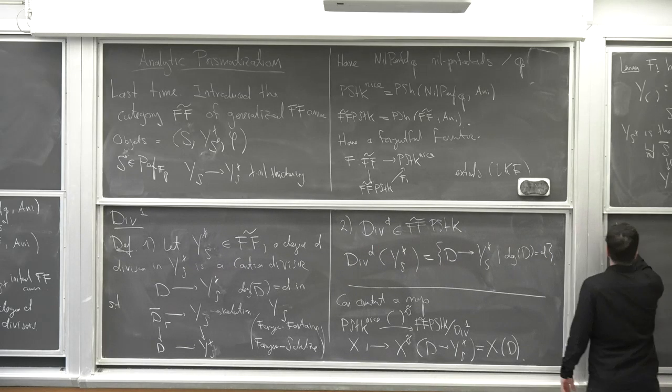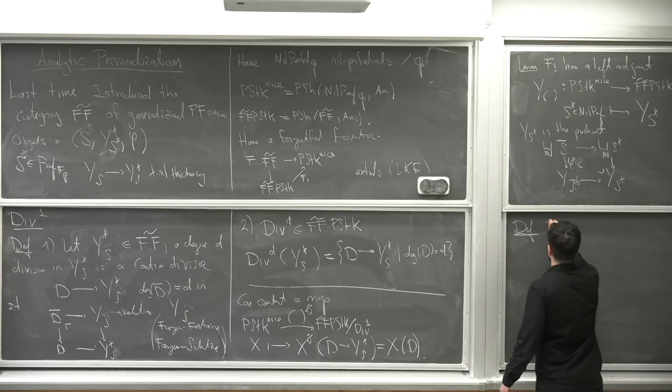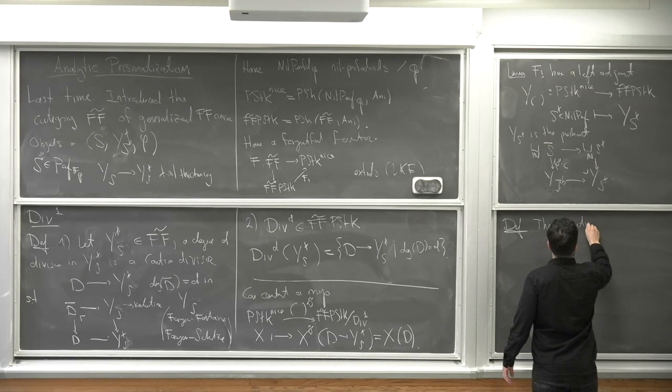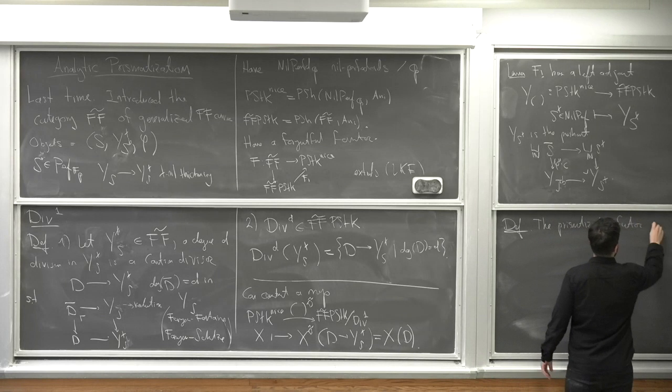Now the definition. So the prismatization functor is the composite.